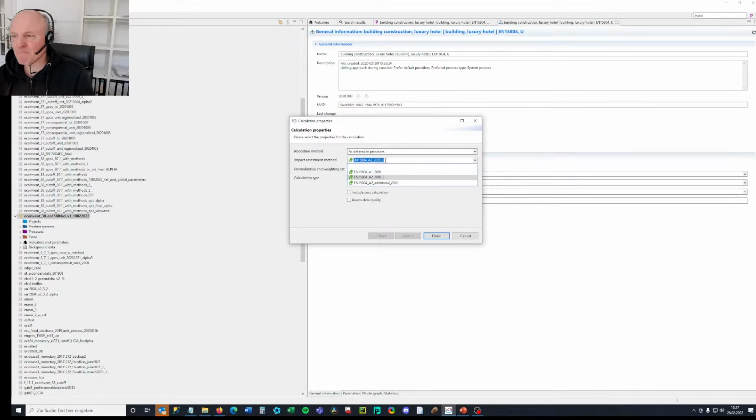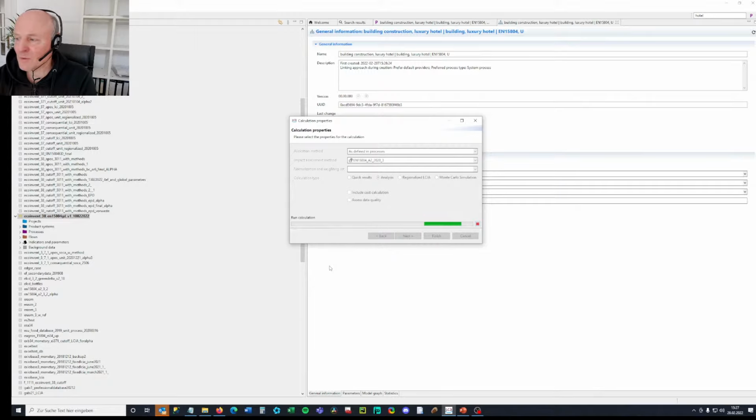One is the A1, reflecting the EN15804 A1 indicators. The other is A2, which we have in a third version, so don't be confused with this. And then we have the additional ones that are not always interesting, to keep them separate. Then I calculate. This also takes a bit of time, but it's not taking too long.